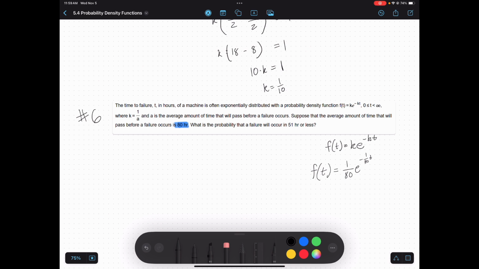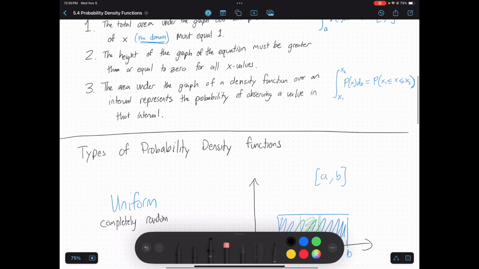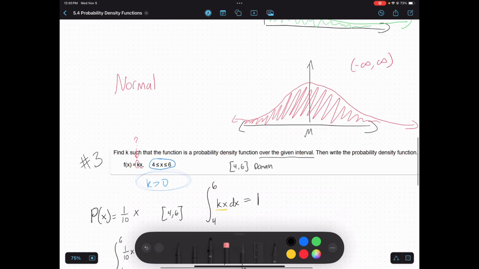And so now look what it's asking. What is the probability that a failure will occur in 51 hours or less? So what am I giving you here? I'm giving you an interval, and I want to know the probability that my value lies within that interval. This is property 3. Property 3 says I can find that probability by just finding the area under the function over that interval.